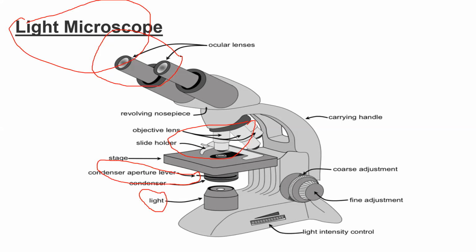With a light microscope, glass lenses similar to magnifying glasses are used to focus and collect the light.